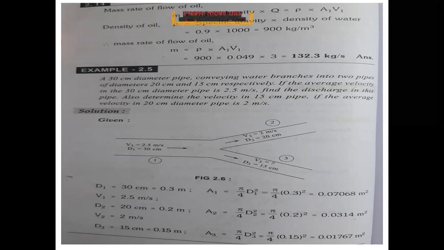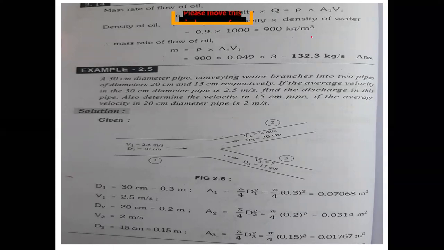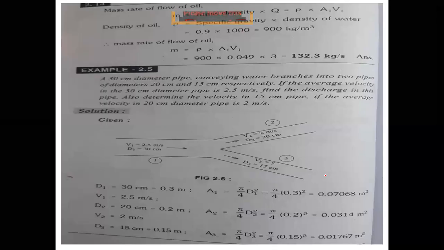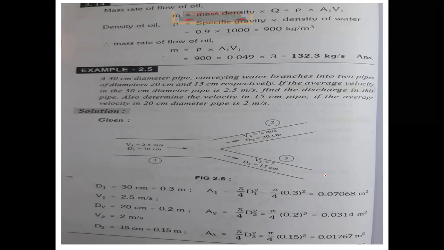Specific gravity of oil is equals to 0.9 into 1000, that is equals to 900 kg per meter cube. So here the specific gravity is 0.9 at the velocity of 3 meters per second. Now rho is equals to specific gravity into density of water, that is equal to 900.